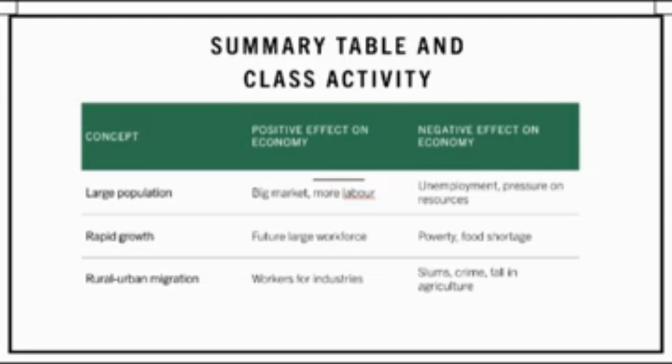For the rural urban migration concept, the movement could provide workers for industry in the urban area, while it could cause slums, crime, as well as low production in agriculture.